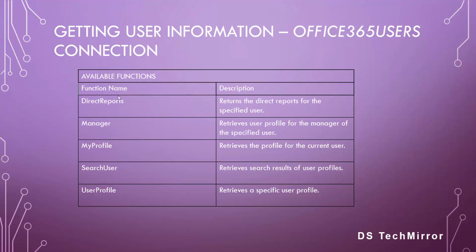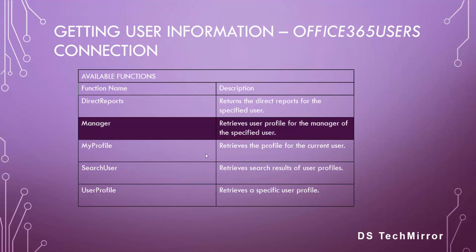So these are very useful functions provided by the Office 365 connection. In this video, we will be focusing on the manager function, using which we will fetch the details of the manager of the user input that we have passed. So let's get started.